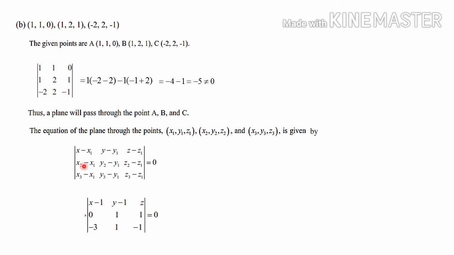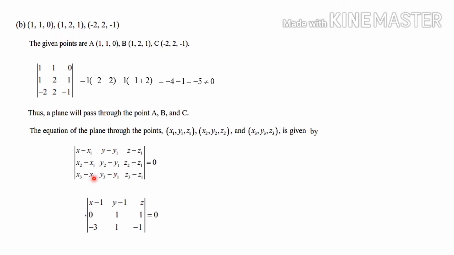Then x2 minus x1 is 1 minus 1, which is 0. y2 minus y1 is 2 minus 1, which is 1. Next is z2 minus z1, where z2 is 1 and z1 is 0, so 1 minus 0 is 1.